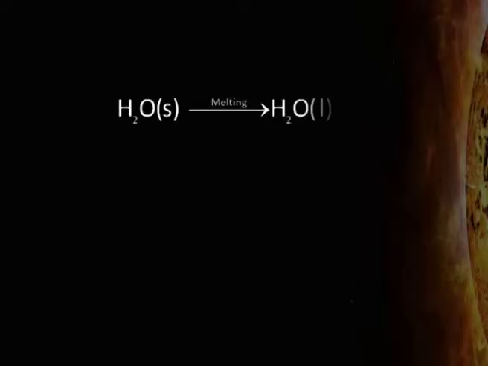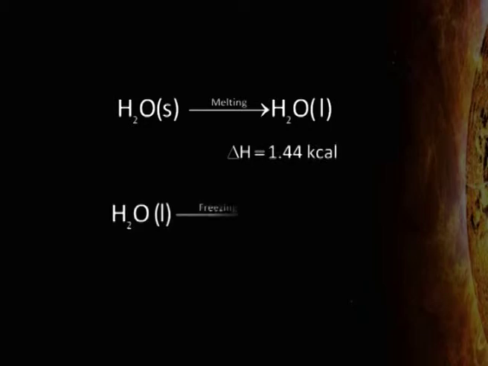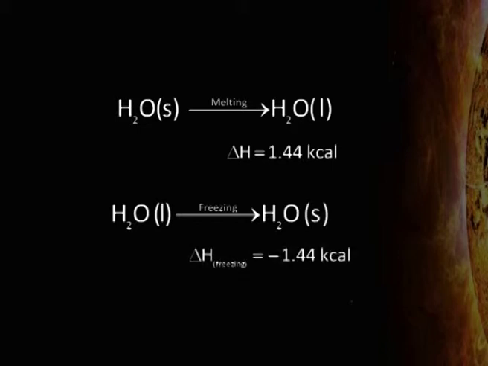Actually, covalent solids are held by weak van der Waals forces. For example, enthalpy of fusion for water is equal to 1.44 kilocalories and enthalpy of freezing for water will be equal to minus 1.44 kilocalories.